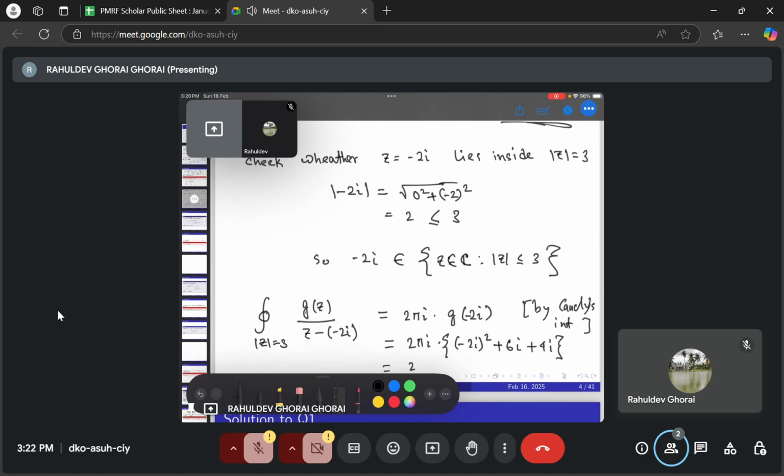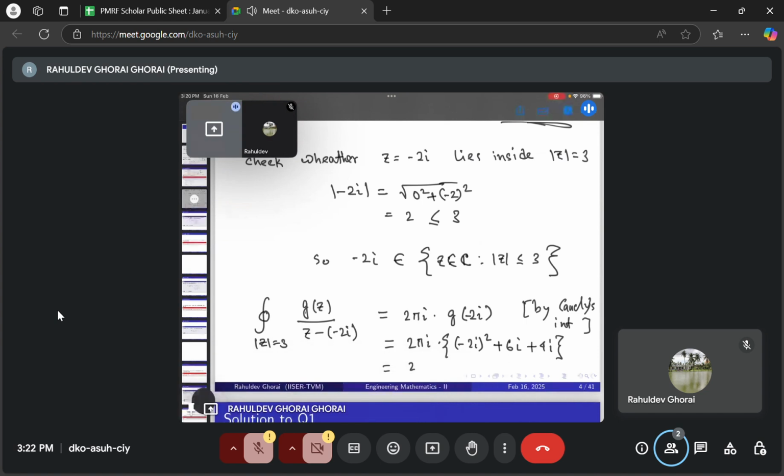So it gives 2 pi i times, that is, minus 4 plus 10i. So that you can write as pi times minus 20 minus 8i. That's all. That will be the answer.